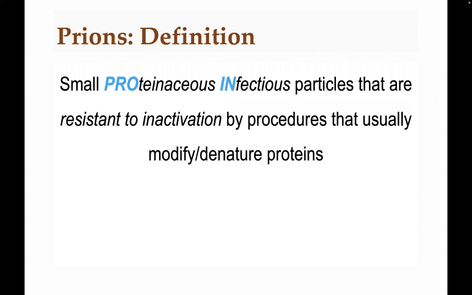But there are other ways you can use to inactivate prions, such as phenol or ether, or hypochlorite. So this is just an example of telling us how different they are from other microorganisms, such as viruses.